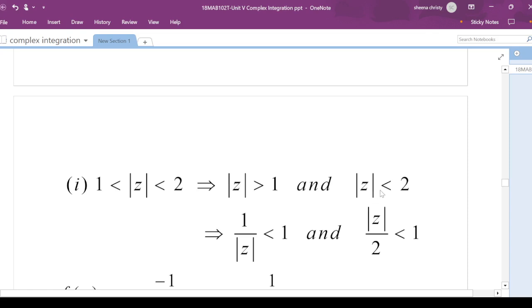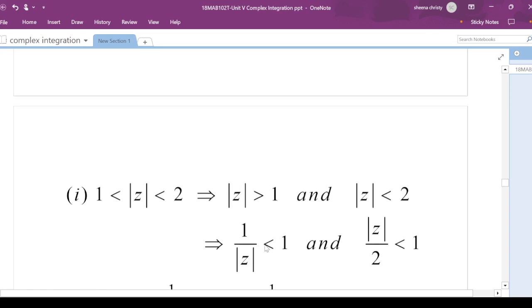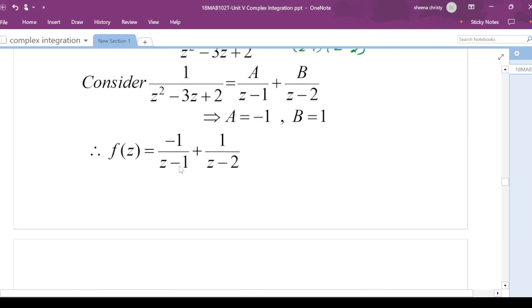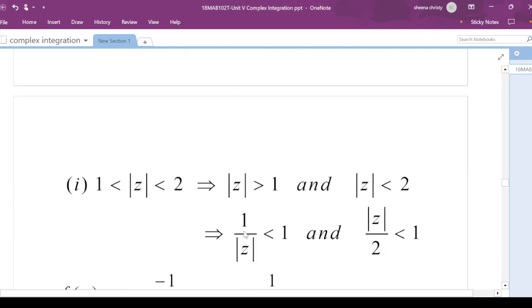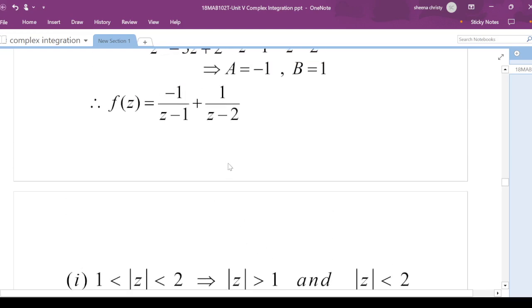Here you have 2, so to make it 1, dividing by 2, you get |z|/2 < 1. Therefore, 1/|z| < 1 can be applied for the first term, and |z|/2 < 1 can be applied for the second term.